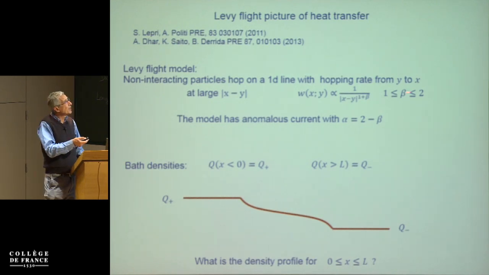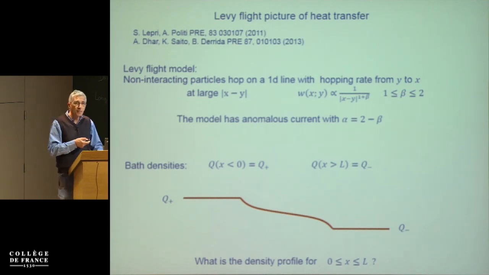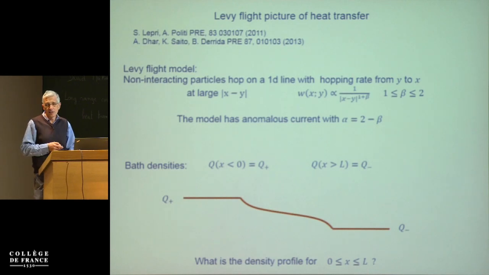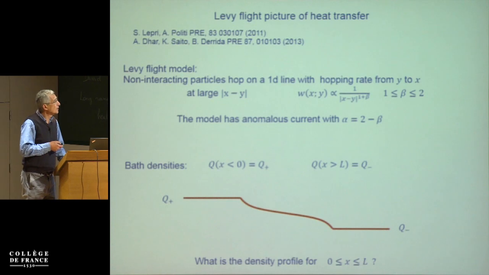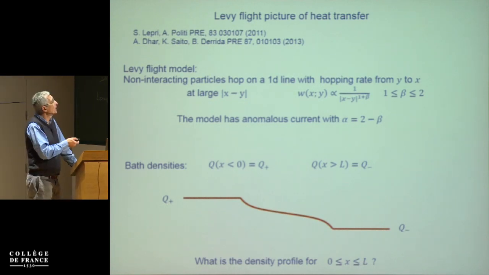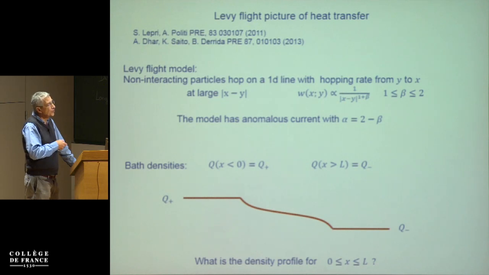Beta is between 1 and 2, so that the average distance is finite, but the variance diverges, and that's what makes it a Levy-Flight, basically, a not usual diffusion. So there is some probability of just making large hops to the end. Now, then you couple it to a bath.